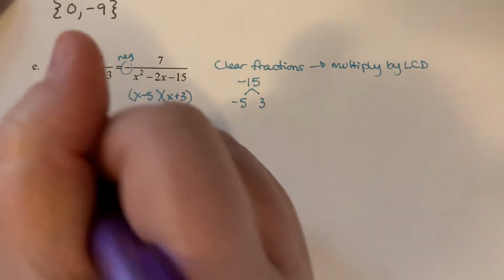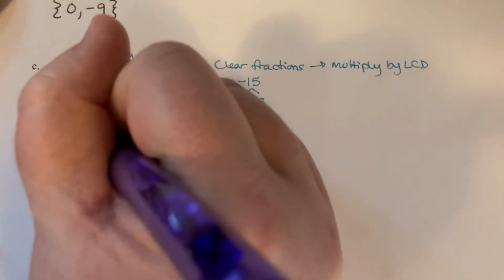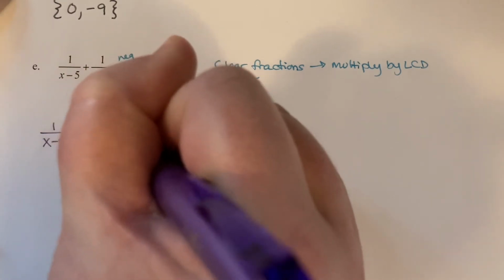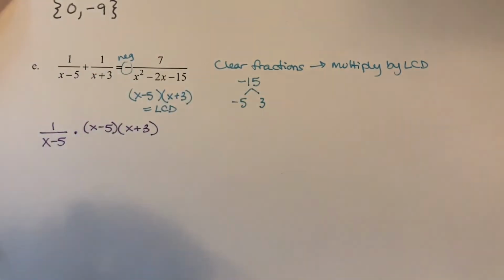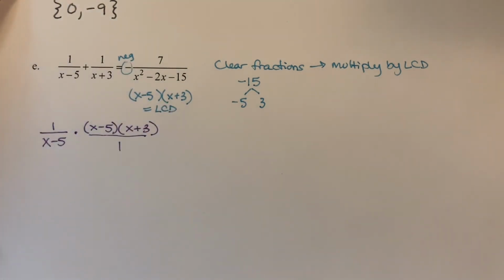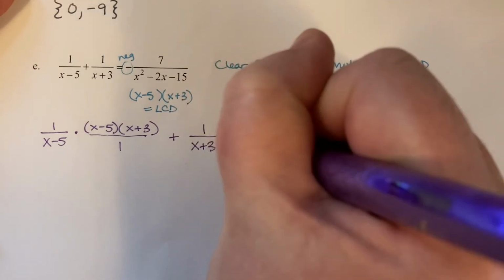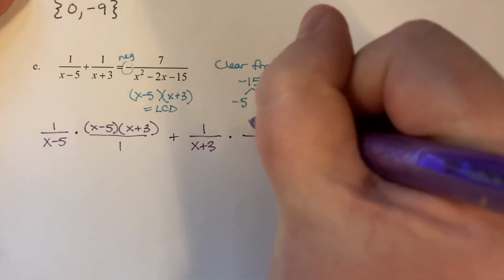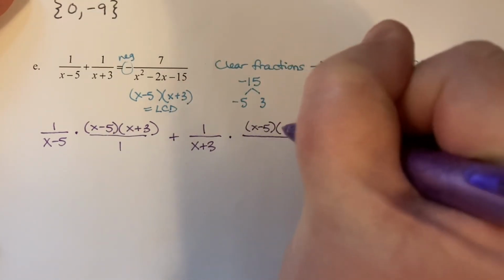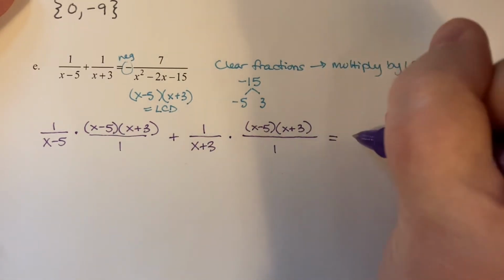So let's do it. 1 over x minus 5. I am multiplying that by my least common denominator, x minus 5, x plus 3. And again, I'm multiplying that in the top of the fraction. So if it helps, put it over 1. Plus 1 over x plus 3. And I'm multiplying by that least common denominator, x minus 5, x plus 3 over 1. Equals that negative.